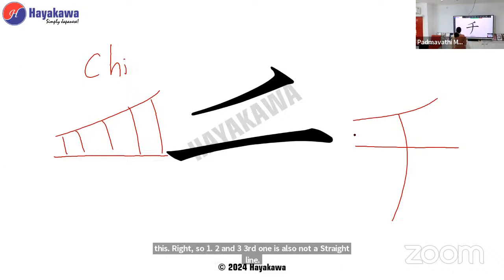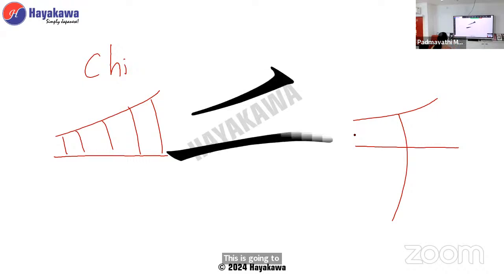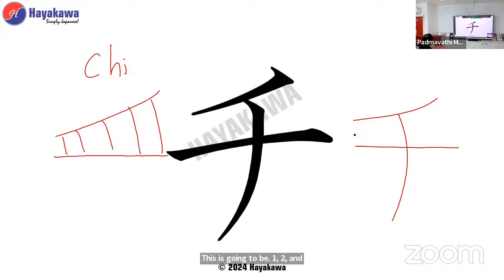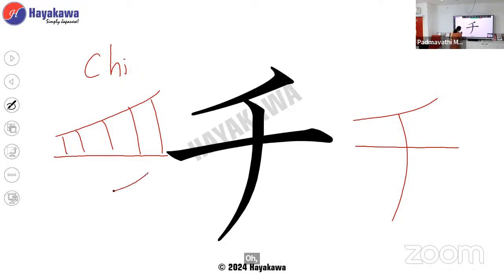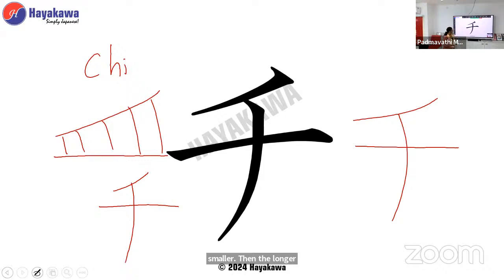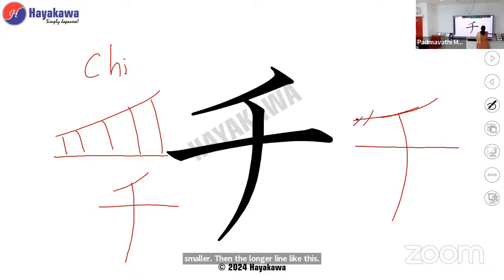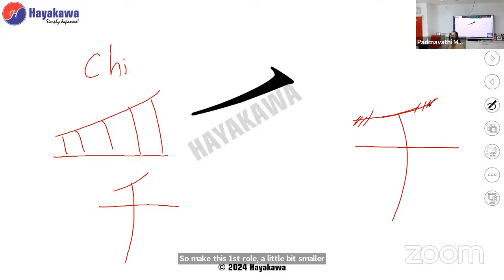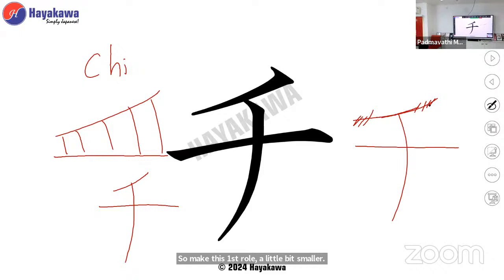This is going to be chi. To be more precise, the first stroke is a little bit smaller than the longer line like this, so make this first stroke a little bit smaller. 1, 2, and 3.